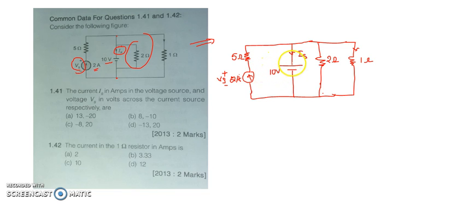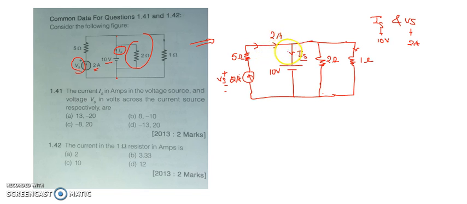In this circuit we have to find IS and Vs. IS is the current across the 10 volt source, and Vs is the voltage across the 2 ampere current source. If you observe here, 2 amperes of current is coming across this, that means here 2 amperes and here also 2 amperes.